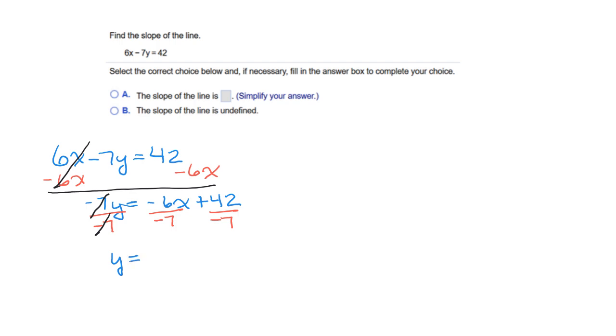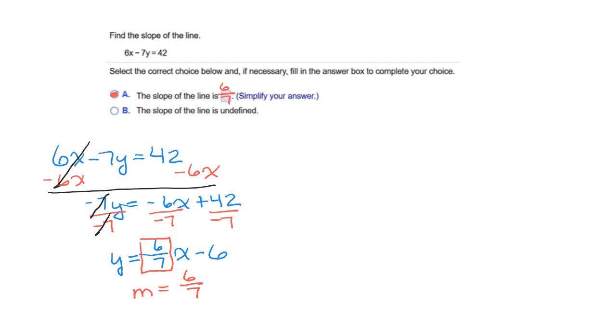A negative 6 divided by negative 7, a negative divided by a negative gives me a positive. And positive 42 divided by a negative 7 leaves me negative 6. So once again, the number in front of x is your slope. So slope is 6 over 7. We'll choose answer A and place 6/7.